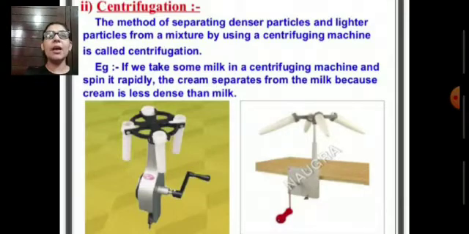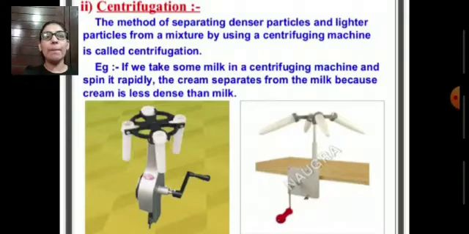If we take some milk, for example, and spin this machine rapidly, ये centrifugation machine बहुत तेजी से rotate करता है so that the denser particles will settle down and the lighter particles will remain at the top. तो मिल्क को अगर हम सेंट्रीफ्यूगेशन मशीन में स्पिन करेंगे, तो मिल्क से जो क्रीम होगा, जो बटर होगा, वो सेपरेट हो जाएगा, टॉप पर आ जाएगा, because it is lighter.